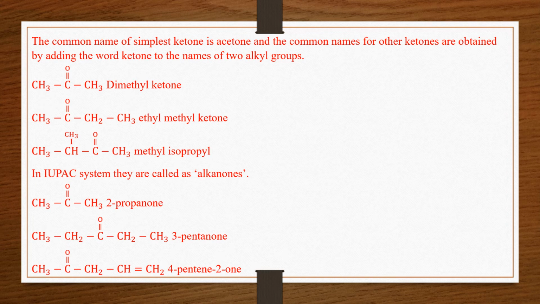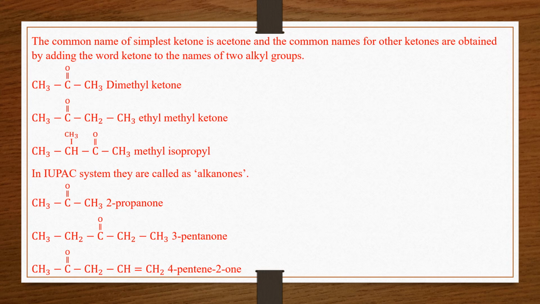Add the word ketone to the names of the two alkyl groups. So one methyl and the other methyl. You cannot write methyl ketone, so you write it together as dimethyl ketone. Acetone can also be called dimethyl ketone. Students, this is also the common name of acetone.